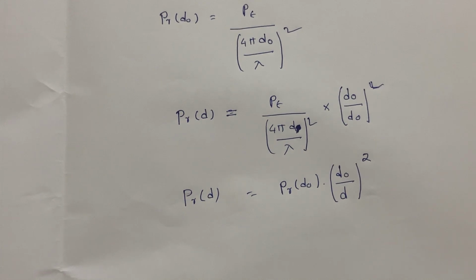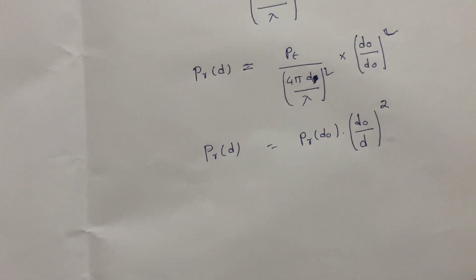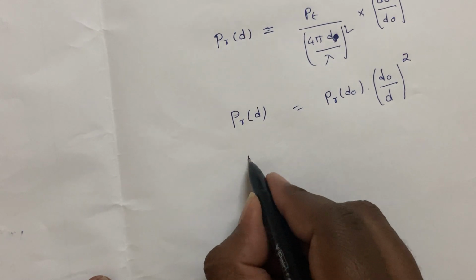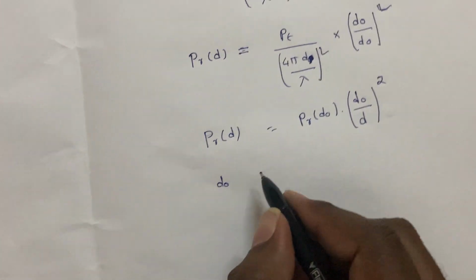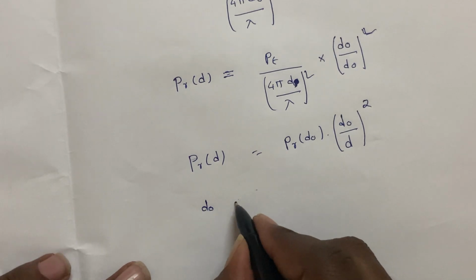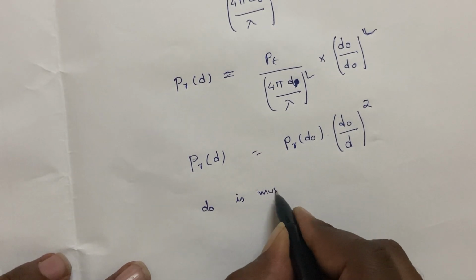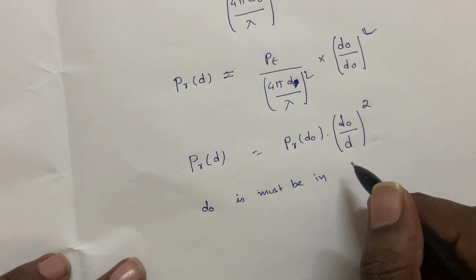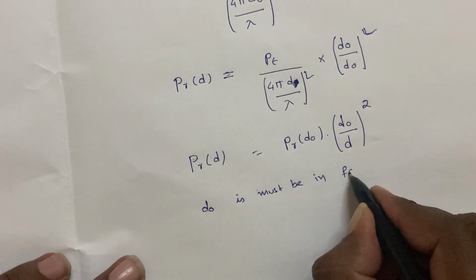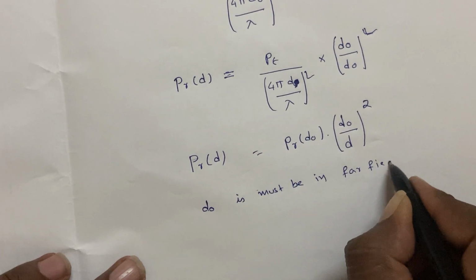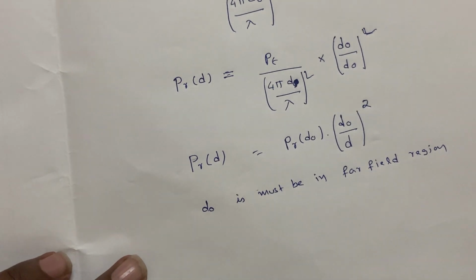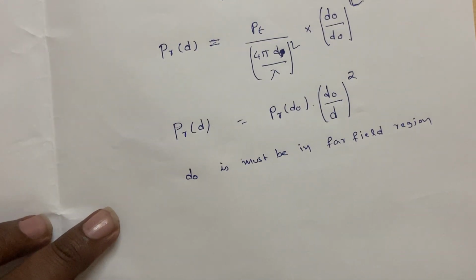So we find received power in terms of the received power at a reference distance, provided d naught is in the far field. So we can represent the received power in terms of the received power at a reference distance in the antenna far field region. In the antenna far field region only, this equation can be used to predict the received power.